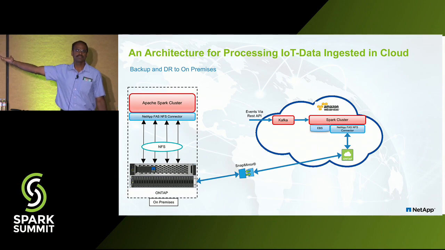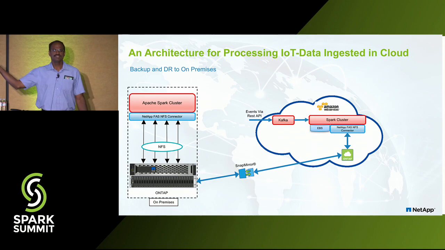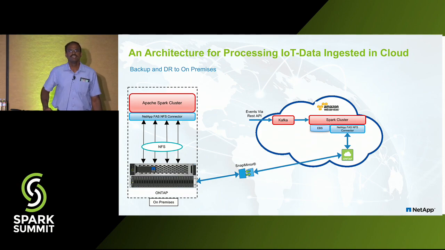Cloud ONTAP is nothing but NetApp software defined storage, through which you can transfer the data and use all the ONTAP functionality, and we protect the data on premises using the SnapMirror product. So this is the way we address that customer challenge.